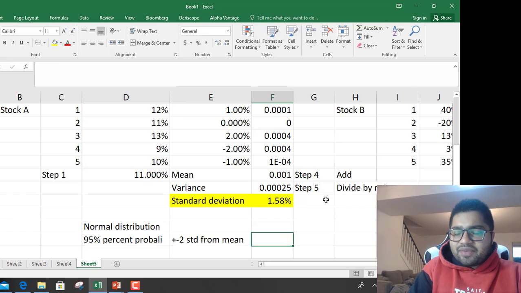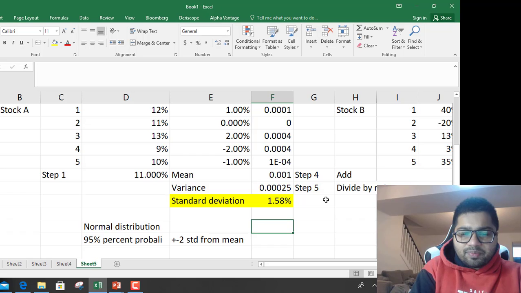It means that 95% of the time the stock will be between the lower limit and the higher limit.